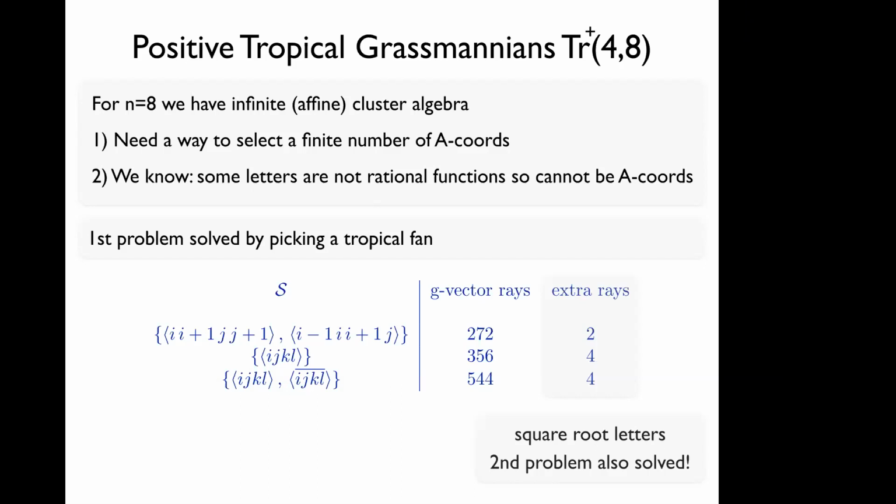I'm sorry, can I interject a relevant comment? We believe that every other exceptional ray, there are infinitely many, and all of them can be generated from these two by an element of the cluster modular group. Yeah, that's what we believe. Well, just one last question.